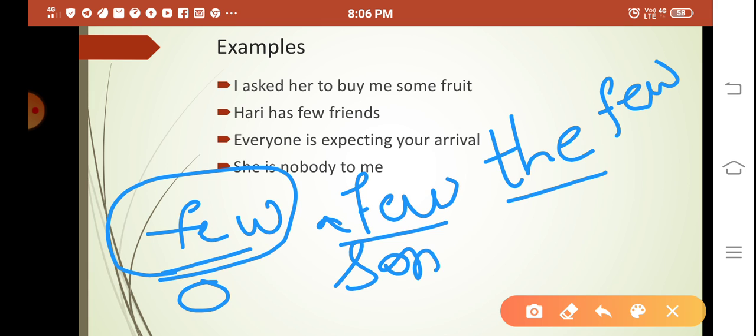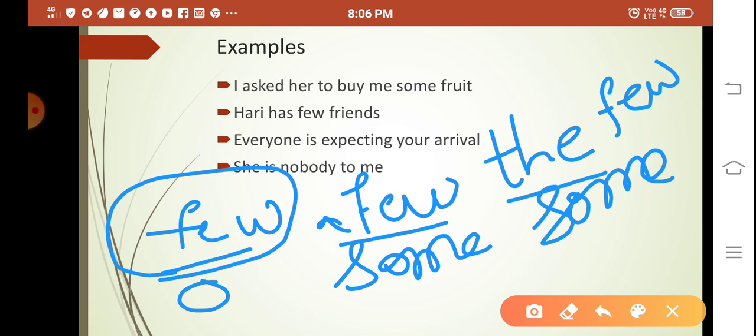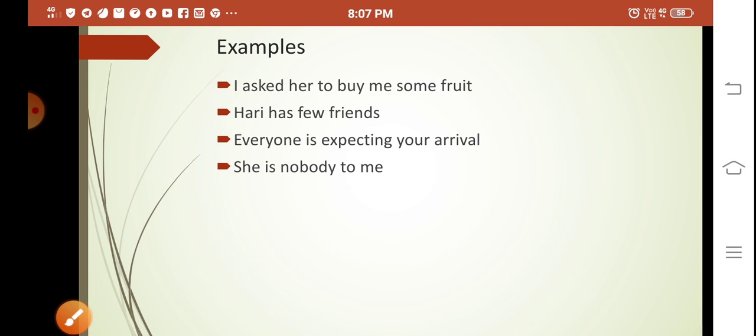You can assume some. The little also means some. These can be interchangeable, but you should not interchange few with a few or the few. So a few means some. The few means some more than a few. So Hari has few friends. It means he has almost no friends.